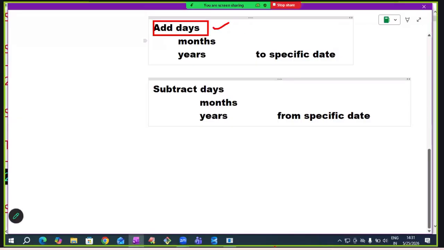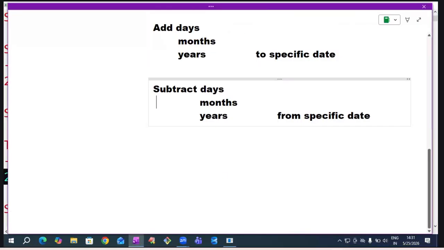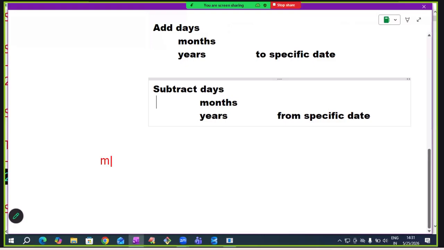Adding months. For example, a product is manufactured today, sir. Assume that this is one food product. Its expiry date I want to find now.